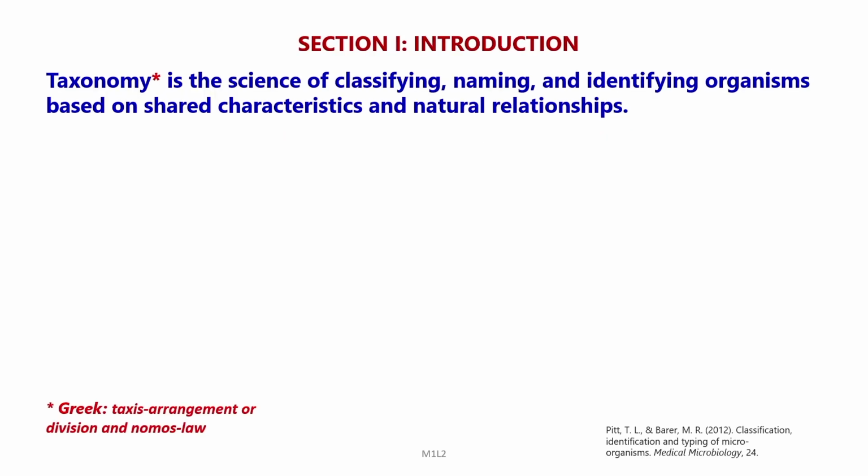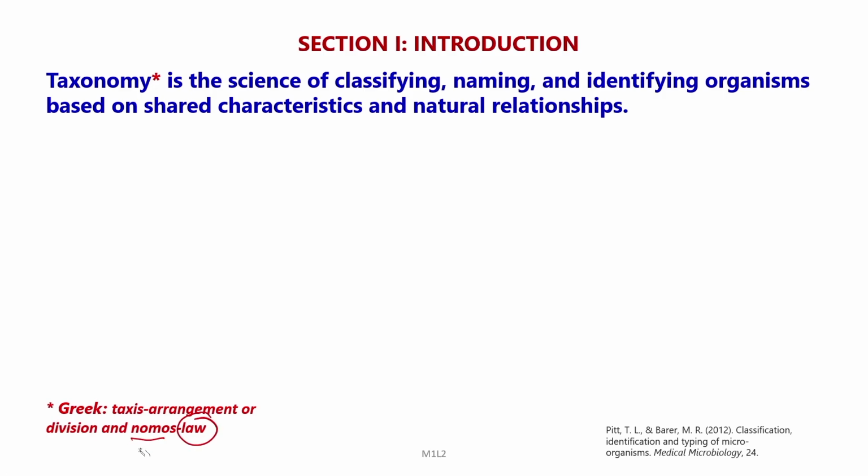Now to the beginner, taxonomy is the science of classifying, naming and identifying organisms based on shared characteristics and natural relationship. The word taxonomy is derived from the 2 Greek words, taxis, which means arrangement or division, and nomos, which means law.